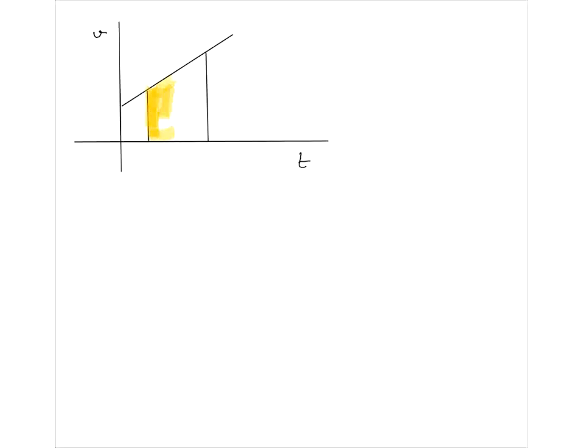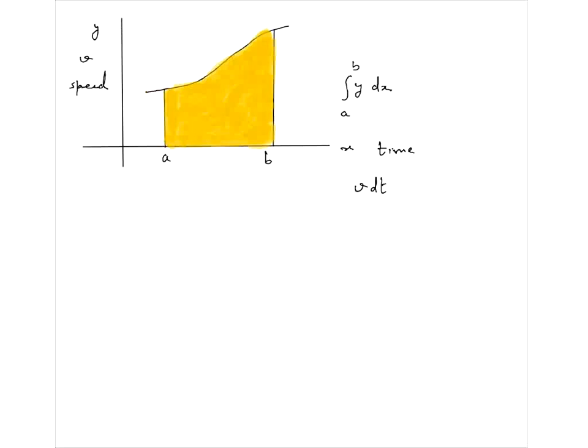Trapezium you can handle. But what if the VT graph is not a straight line? Now suddenly definite integral becomes so important. If it's not a straight line, then you can't handle it from basic mensuration. Like here. And integration can handle it.